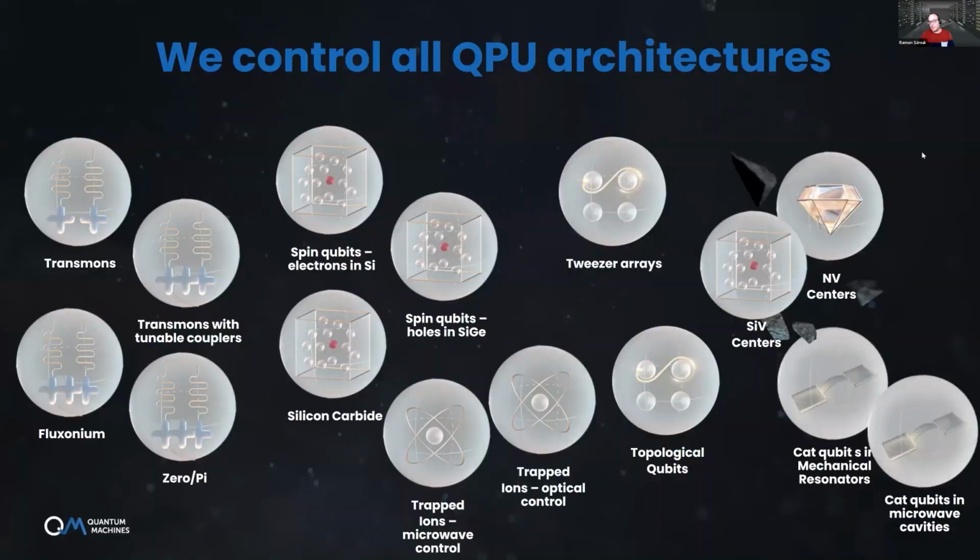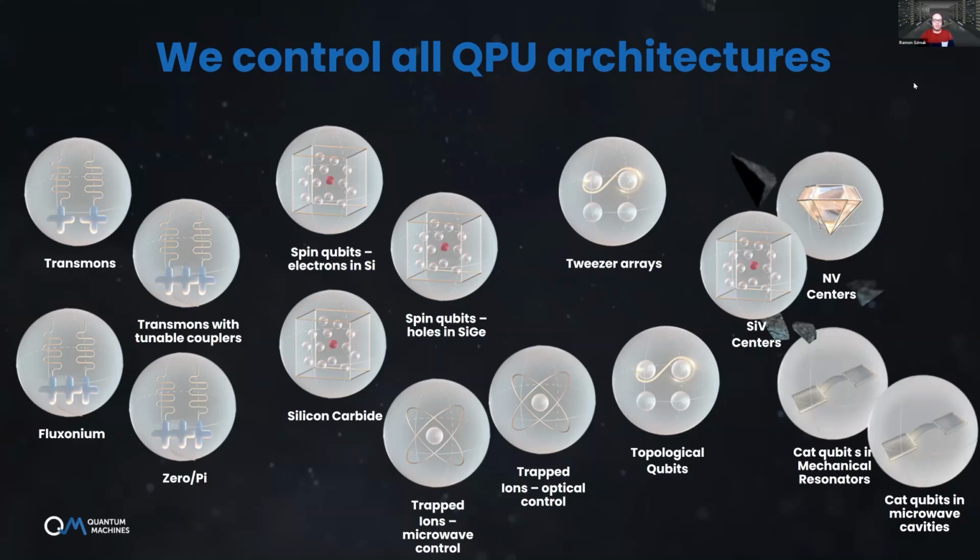As I said, we have clients and customers working in most quantum processing architectures. I don't want to say all because it's a big world, it's a big jungle. We definitely have customers working with superconducting qubits, spin qubits, atom arrays, ions, NV centers, and subcategories of these.